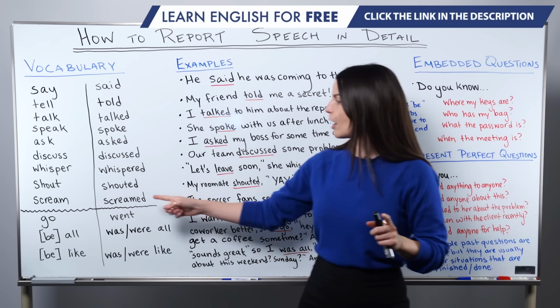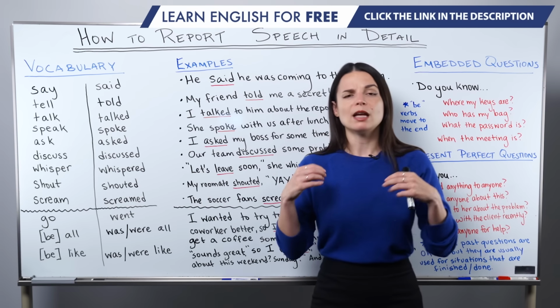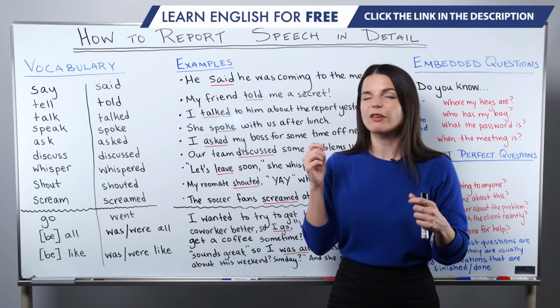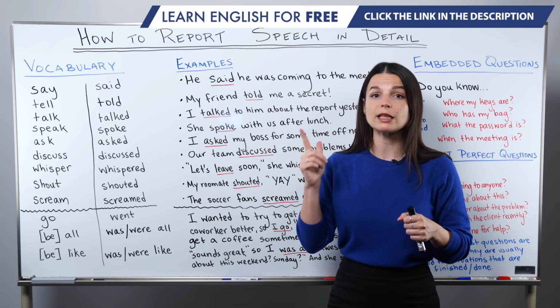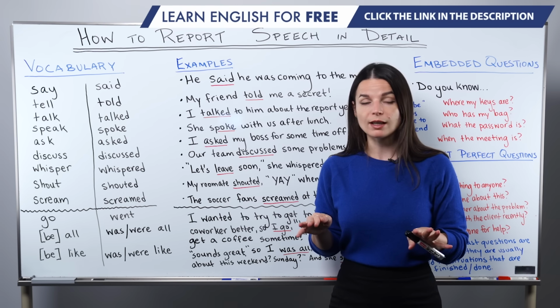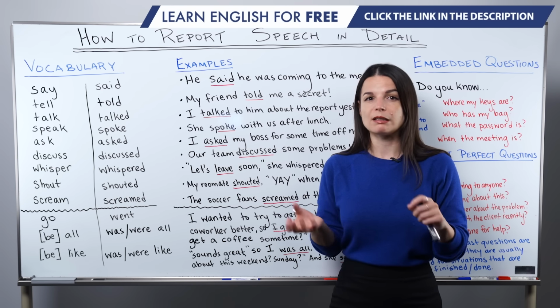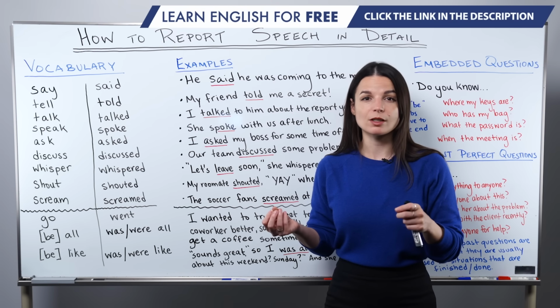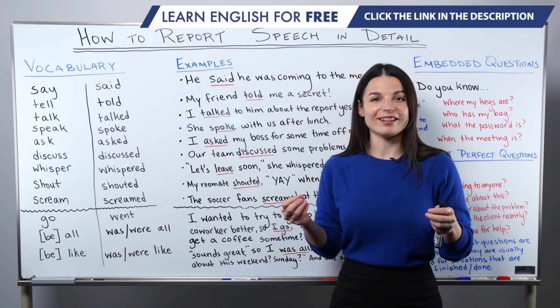A scream, however, is a very loud sound that often is used in very scary situations or really, really shocking situations. So if you imagine a scary movie and somebody in the movie is injured or hurt or afraid, they will probably scream. So a scream is a very, very scary sound generally.